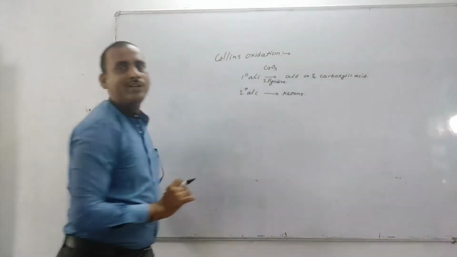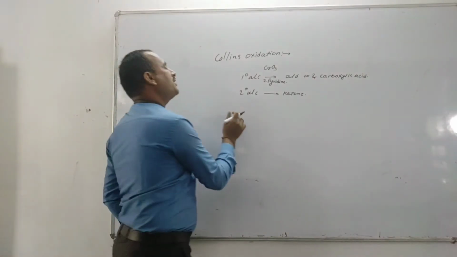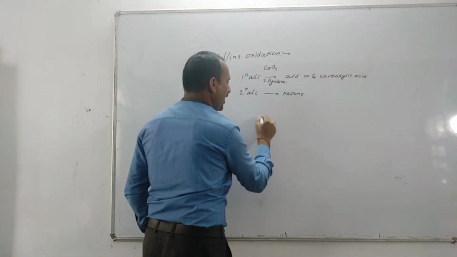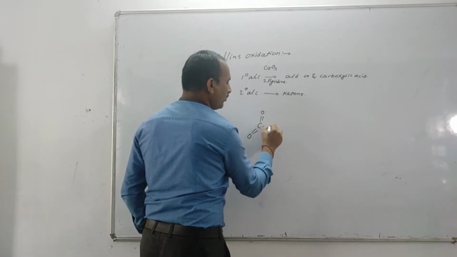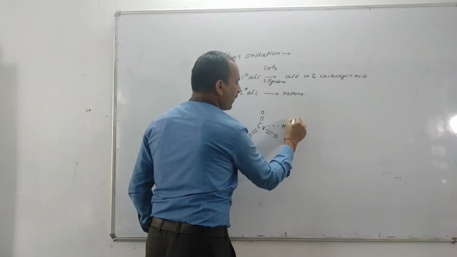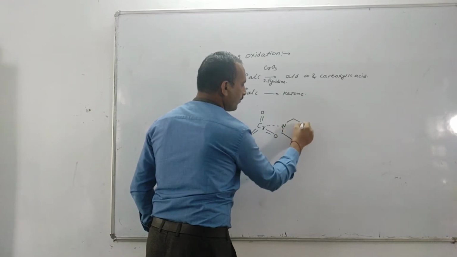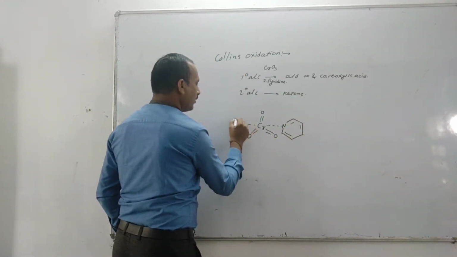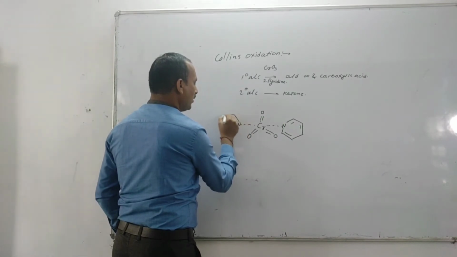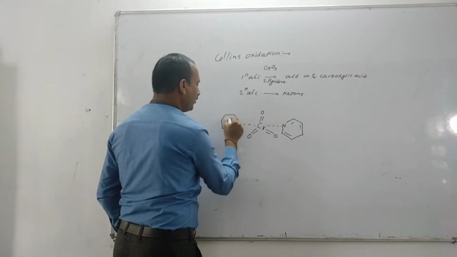Chromium trioxide and 2 equivalents of pyridine, or the Collins reagent, is represented as Cr double bond O and of the pyridine.